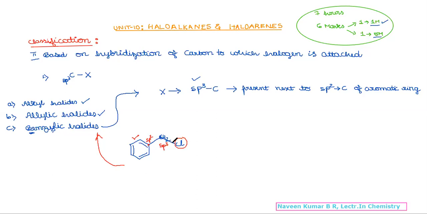Similarly, we can take a different example. Here it is a primary type, so we'll consider secondary and tertiary types under this.